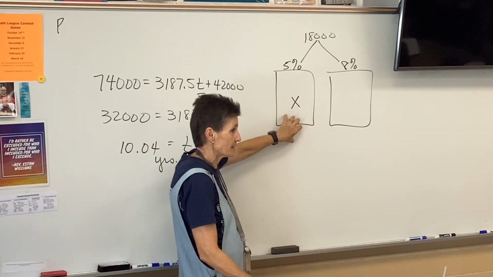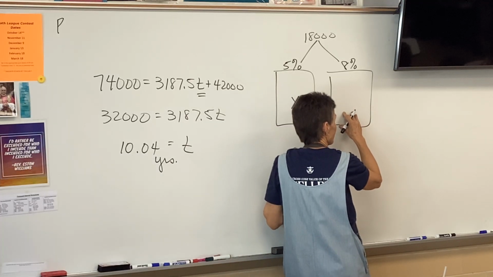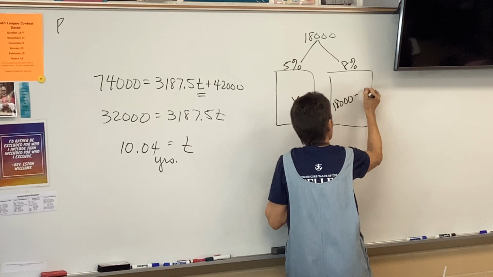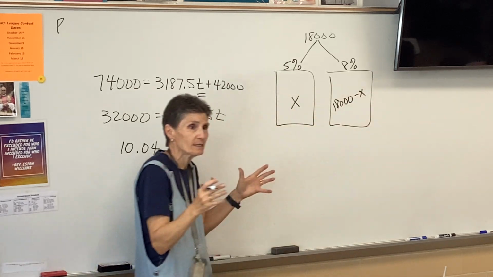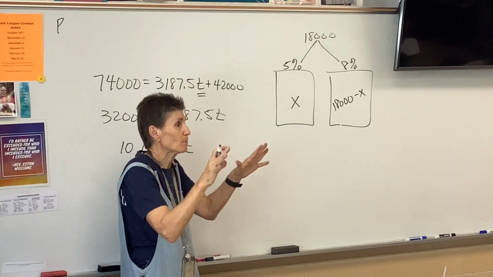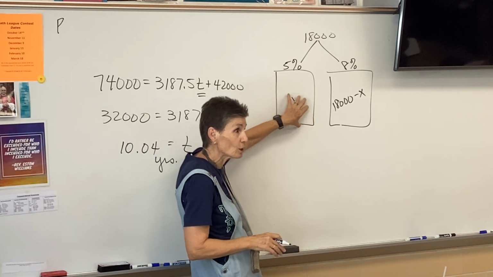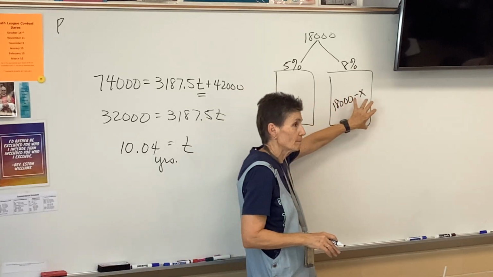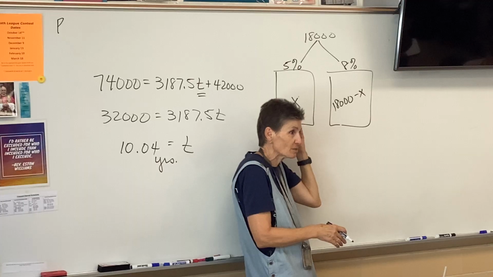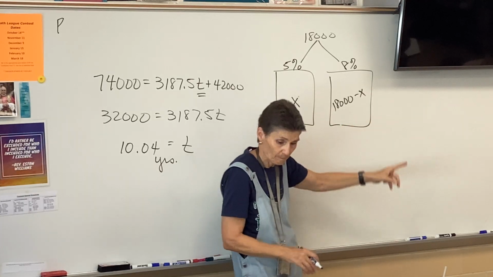If X is in this box, how much will be in this box? 18,000 minus X. Think about it. Put numbers to it. If she put 12,000 here, what would be over here? 6,000. How did you do that? You took 18,000 minus 12. So this is 18,000 minus X.